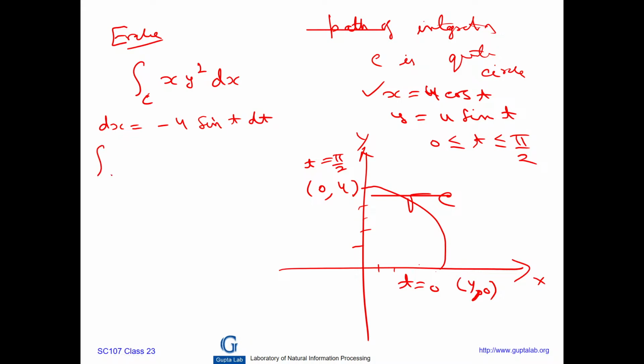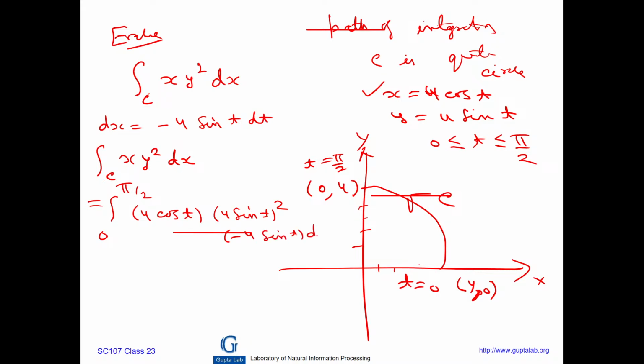So the whole integration along C of x y square dx will be integral 0 to pi by 2 of 4 cos t times 4 sin t whole square times minus 4 sin t dt. I have just substituted the values here, and you can simplify to find this value is minus 64. So this is integration along C of x y square dx.